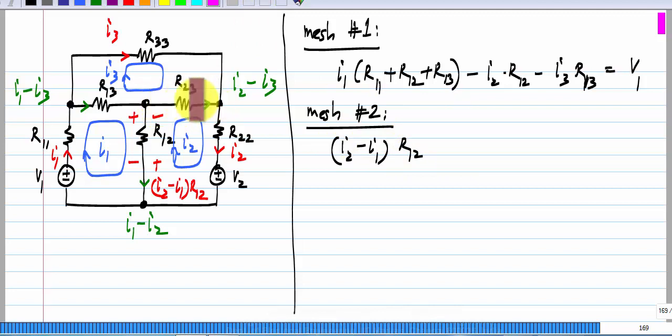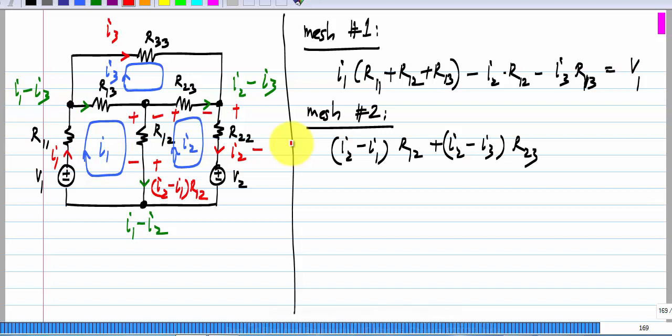Okay. And I have R23 here. The current through that is I2 minus I3. So I2 minus I3 times R23. Remember, I am going around this mesh and I am considering voltage drops in that direction, the voltage that drops as I traverse the loop in clockwise direction.